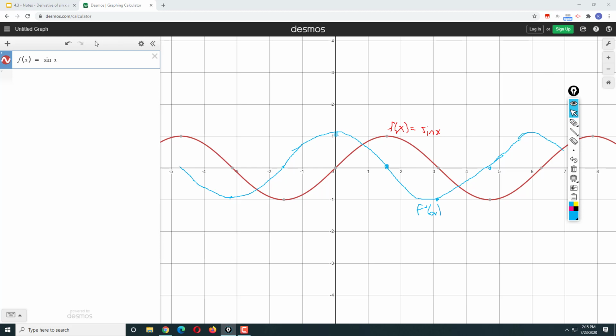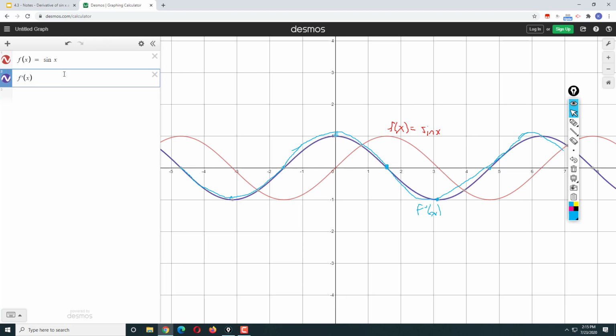From the last lesson, we saw that this is actually just, first of all, let's confirm. Yep, this is in fact f prime of x. What is it? Well, f prime of x is actually just cosine of x. See? Same thing. f prime of x and g of x are the same.